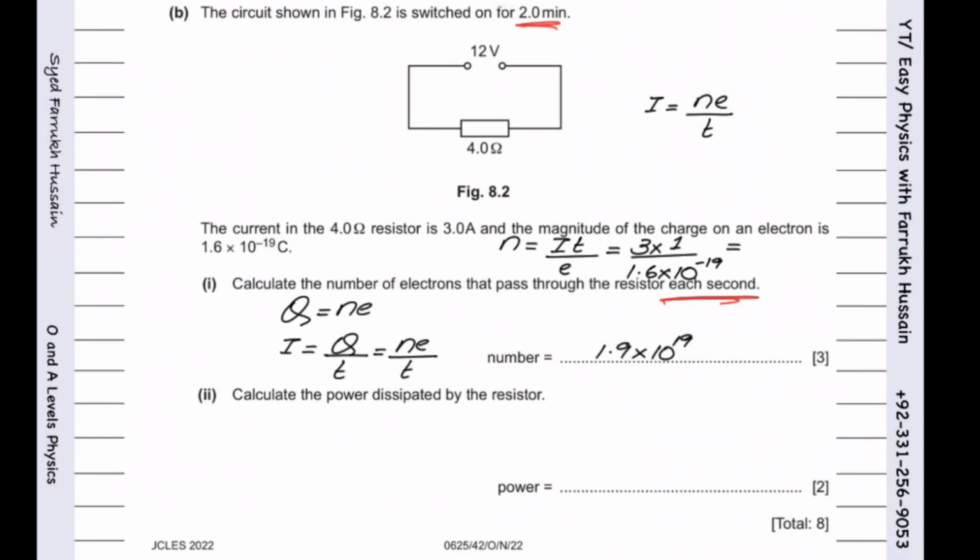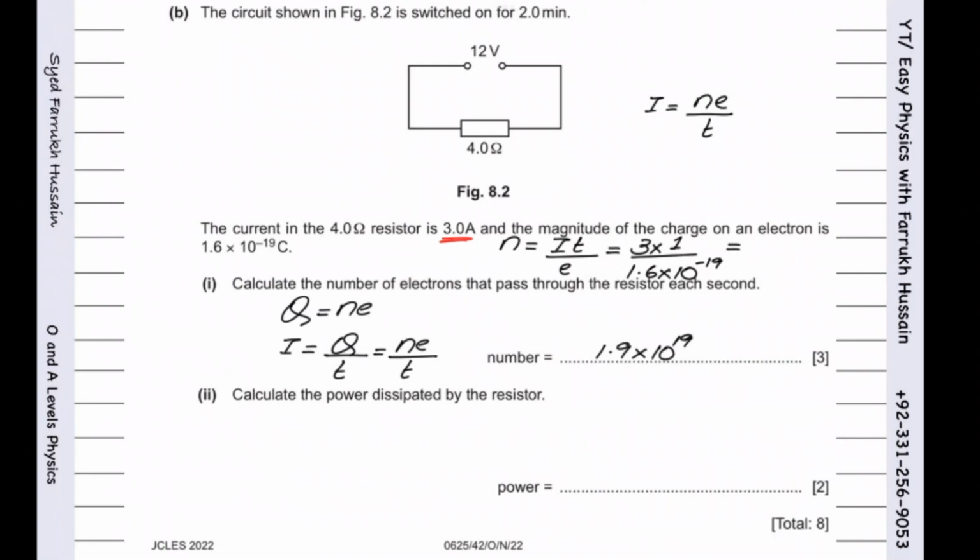It's written each second, but the current is going on through 2 minutes. So wouldn't you need to do a bit of conversions? We are not calculating the number of electrons that have passed in 2 minutes. We are just finding it for 1 second. So you do not need to multiply it by 120.